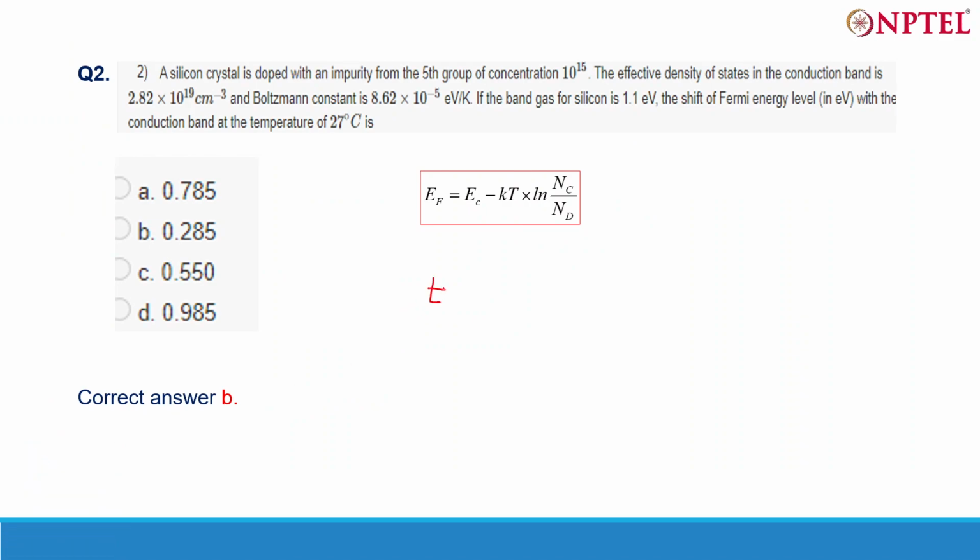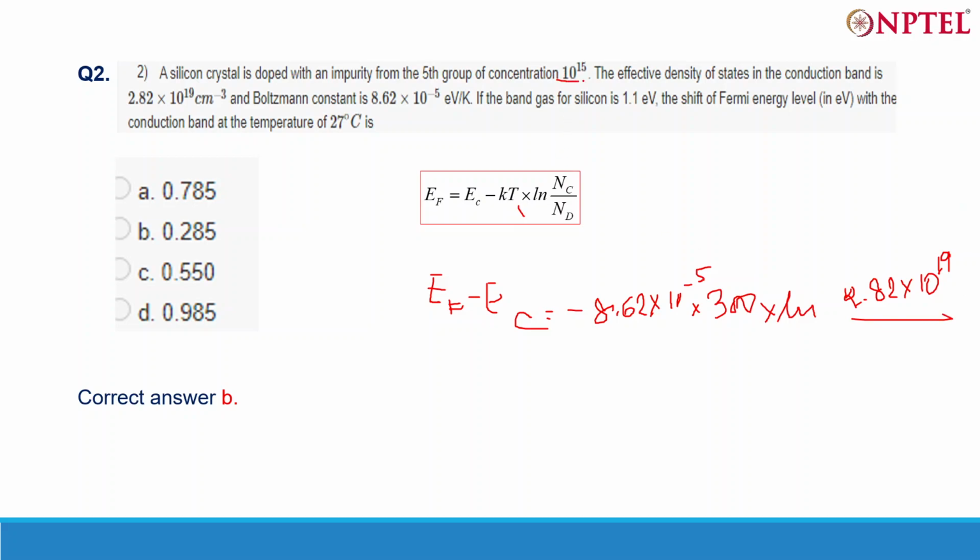So you need to calculate EF minus EC equal to minus the value of K, which is given, 8.62 into 10 to the power minus 5, into the value of T, which is given, 300, into ln of NC, that is the effective density of the conduction band, 2.82 into 10 to the power 19, divided by ND, that is 10 to the power 15.